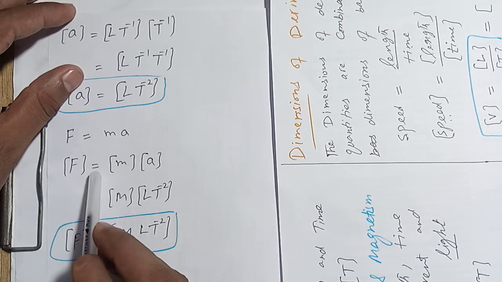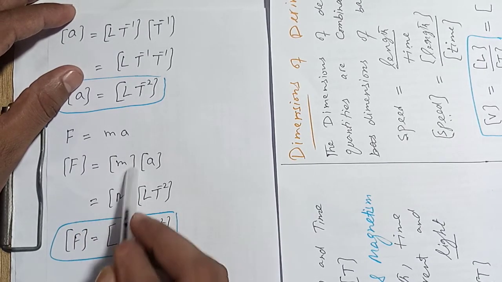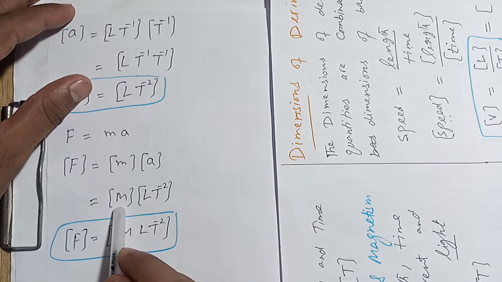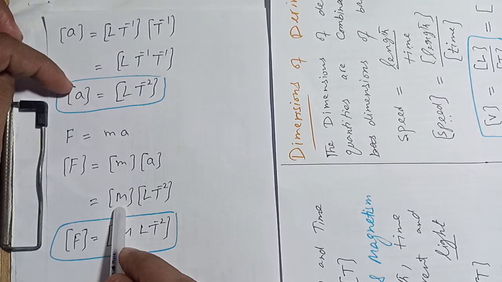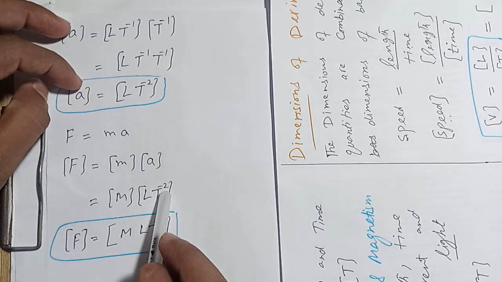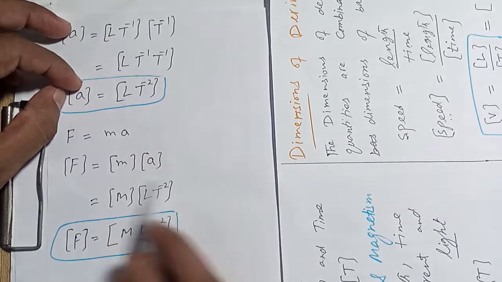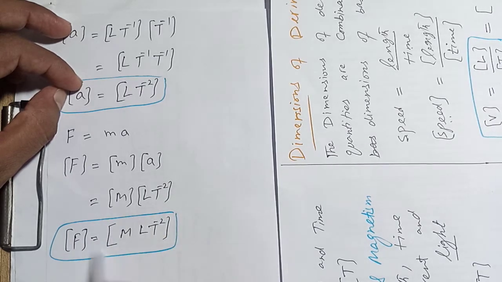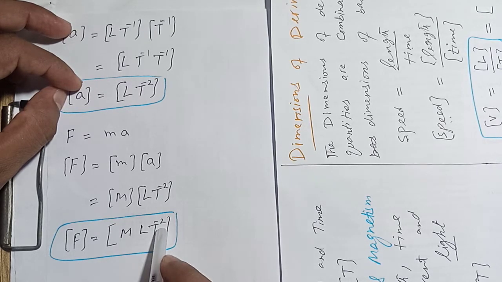The dimension of force is equal to the dimension of mass into the dimension of acceleration. The dimension of mass is capital M, and for acceleration the dimension is L T to the power minus 2. Finally, combining these two brackets and writing in one bracket, the final answer is that the dimension of force is M L T to the power minus 2.